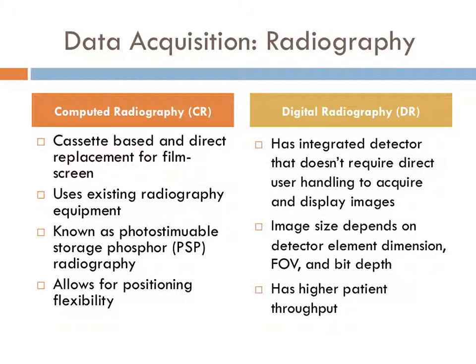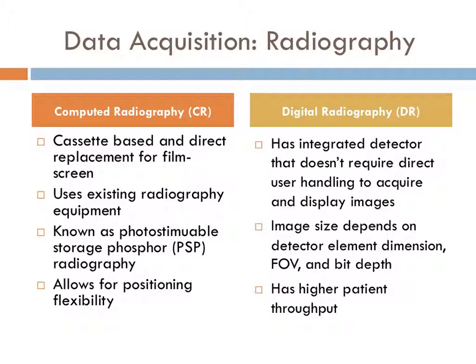If a site is considering either to purchase CR or DR, they need to look at themselves and see how they work in a few different categories. Choosing between the two usually depends on a few things, such as needed throughput, the types of studies to be performed, flexibility of positioning, and existing infrastructure.